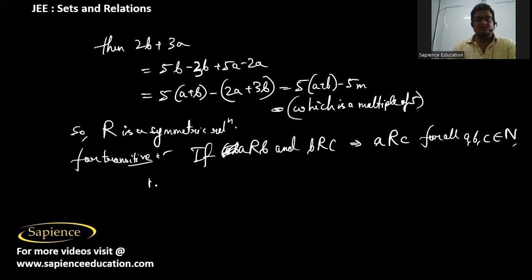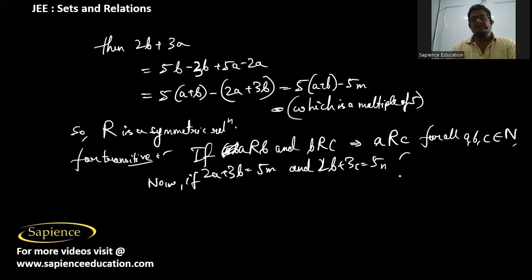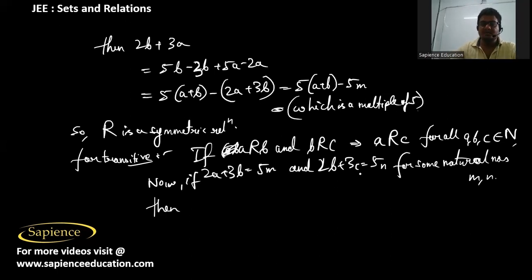Now suppose 2A plus 3B equals 5M and 2B plus 3C equals 5N for some natural numbers M and N. Then 2A plus 3B is a multiple of 5 and 2B plus 3C is also a multiple of 5. Now 2A plus 3C, that will be how much?